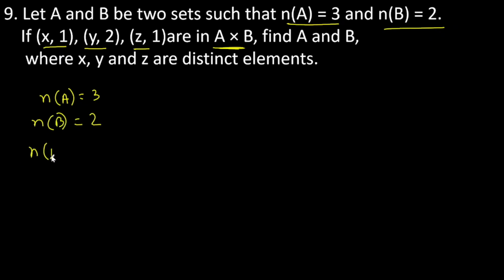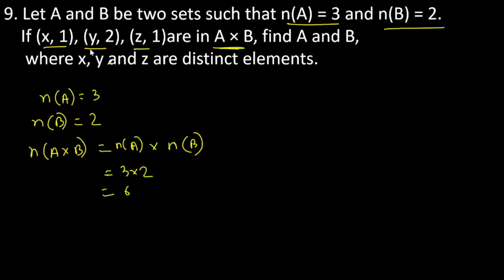So n(A cross B) equals n(A) into n(B), so 3 into 2, 6. But I think it is not necessary.